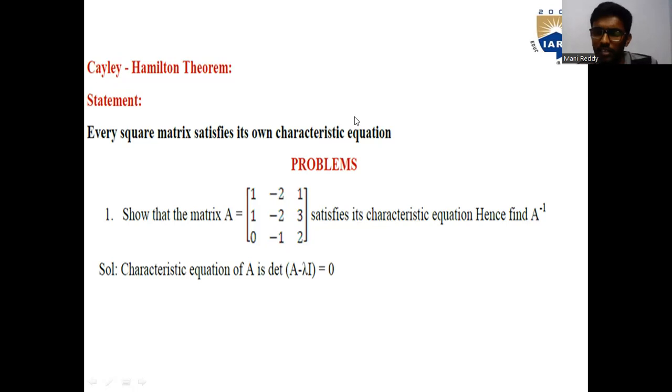Here, own characteristic equation means the equation determinant of A minus lambda I equals 0. Next, we'll see the solution and understand the Hamilton theorem and how to find A inverse through it. There are many methods to find A inverse, and the Hamilton theorem is one such process.